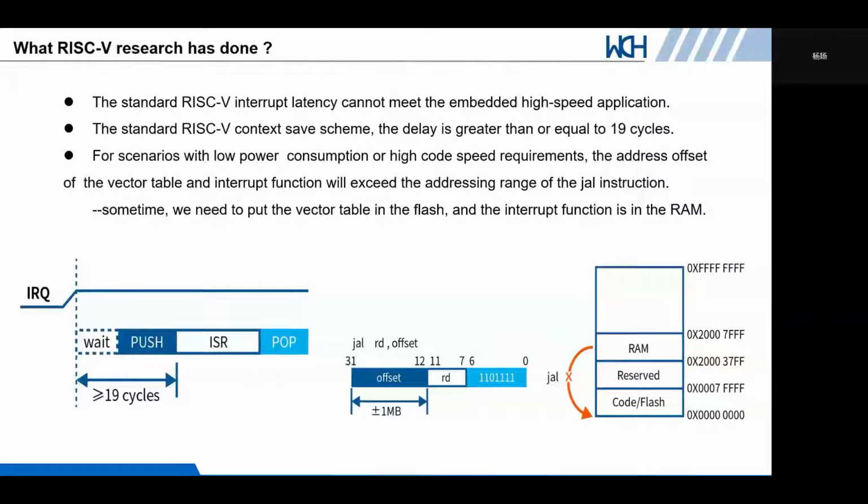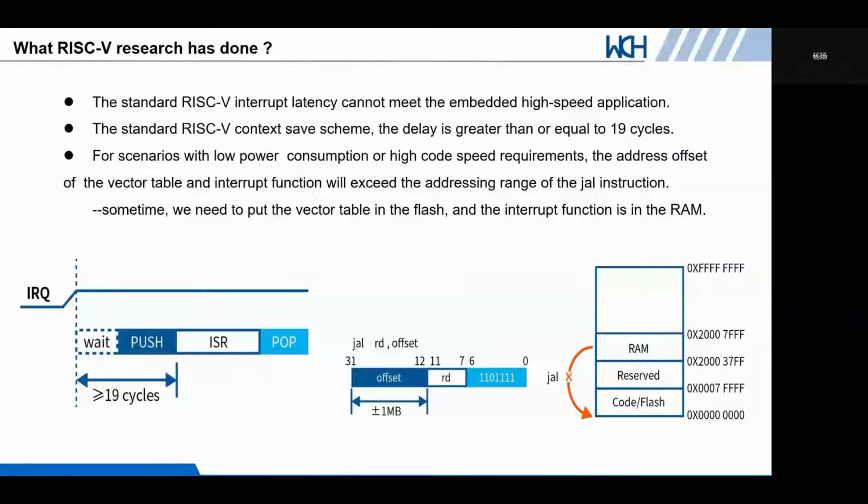Theoretically, it takes at least 17 cycles for software to push the stack on a scalar processor: 17 instructions, one cycle per instruction. Plus the time for fetching instructions, the delay is often greater than 19 cycles, but in some low-cost embedded products, software stacking requires at least dozens of cycles.